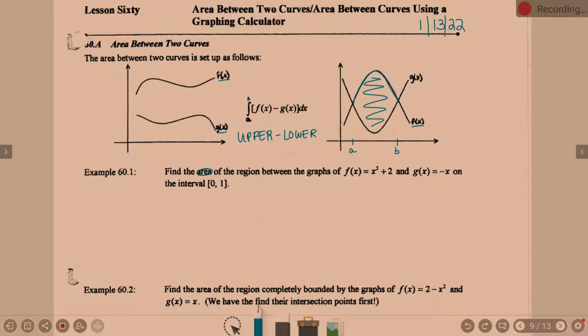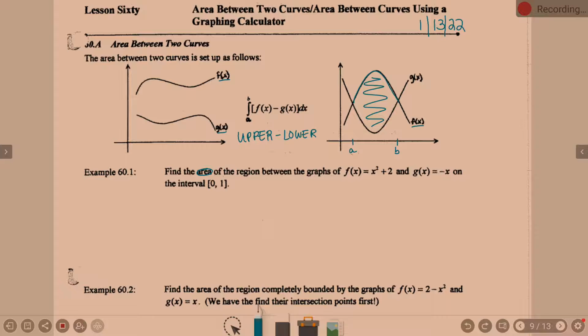Like yesterday. Yesterday I said, okay, you need to graph, right? You need to graph because if it is something below the x-axis, it ends up being negative, doesn't it? And so that's why I said you need to graph it. You need to see if any of these areas go below the x-axis. Today we need to graph it to see which curve is on top.